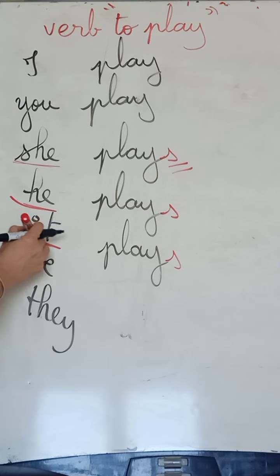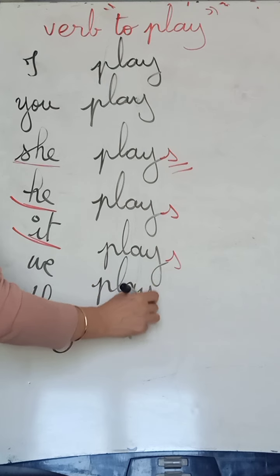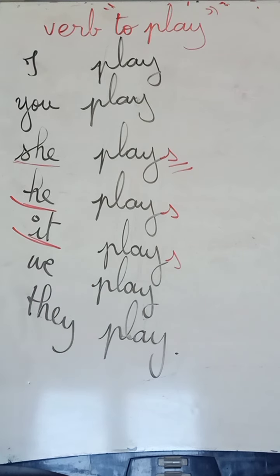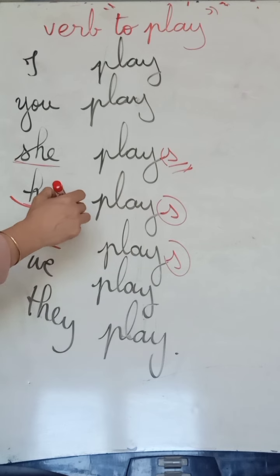Here I use it for things and animals. We play and they play. The same thing with she, he and it. I add an s at the end of the word.